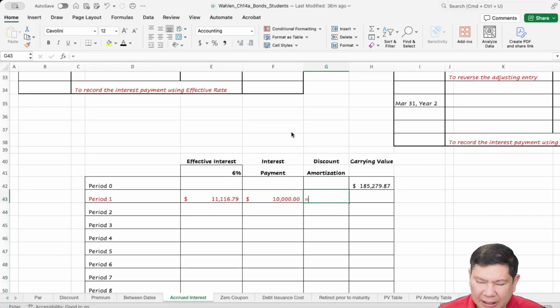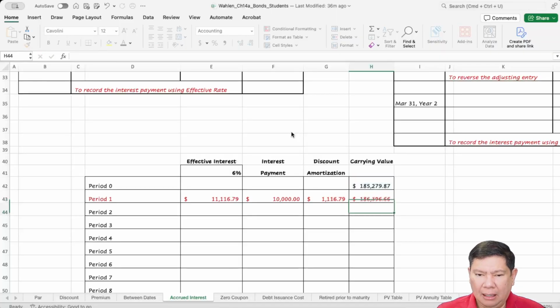So the difference is the amortization of discount. The discount amortization will bring the carrying value of the bonds back up to the face value. So we add that, and it goes up to 186,396.66 after the first 6 months.